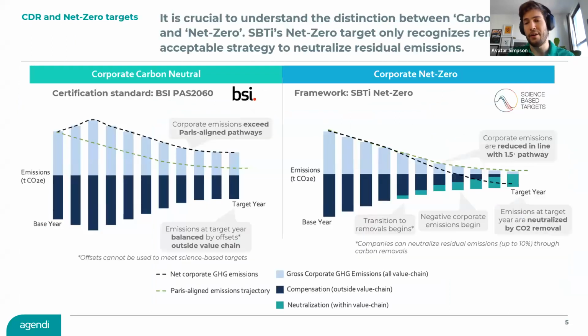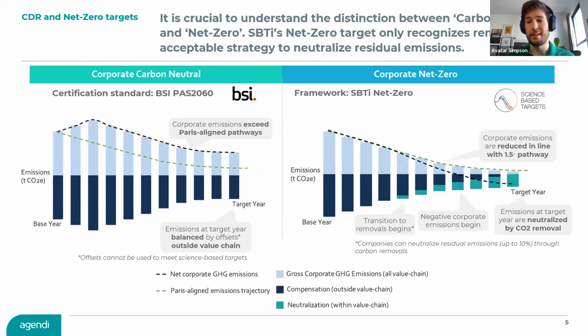And now getting into how carbon removals can be incorporated into a company's net zero strategy, we first want to differentiate between a carbon neutral strategy and a net zero strategy. And there's two main differences here. The first is that a net zero strategy through the Science Based Target Initiative's net zero framework requires a company to reduce their emissions internally on top of any external removal through carbon removal credits. This is different from carbon neutral claims because they do not require a company to reduce their emissions internally.